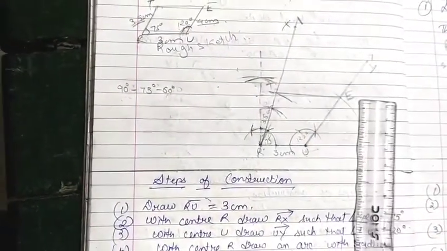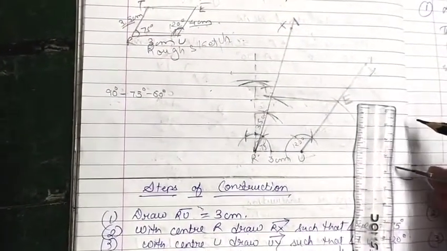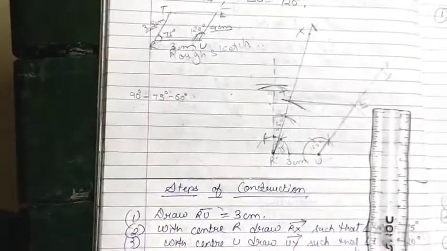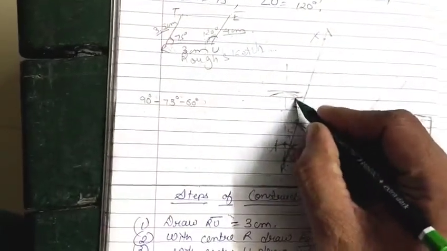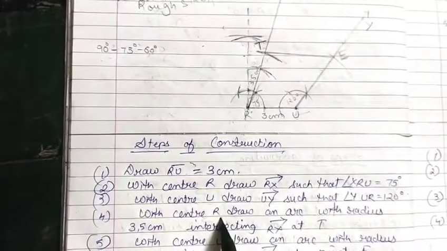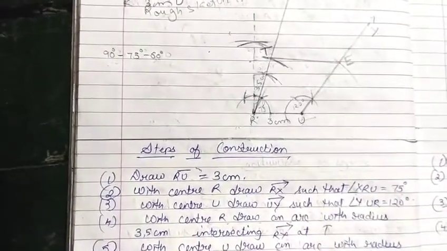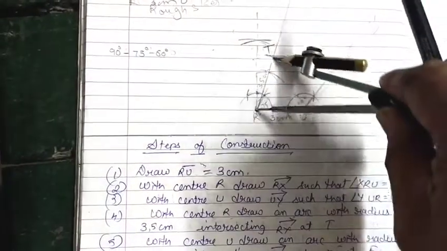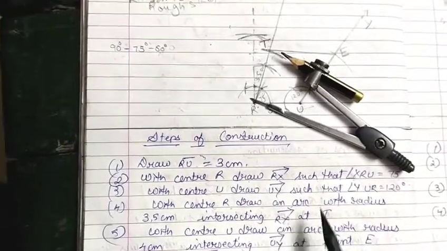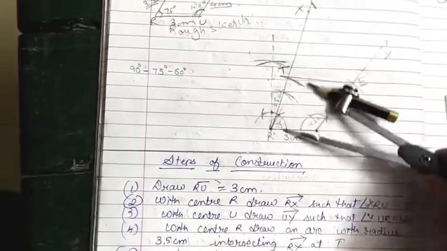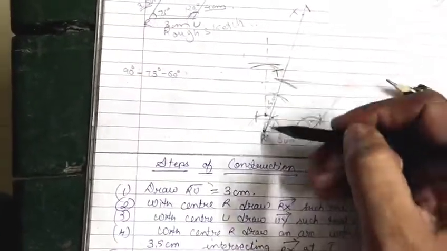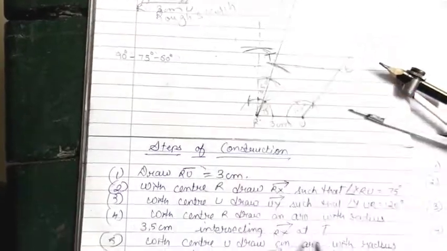So get 3.5 centimeter with the compass and draw an arc and name it T. Write down: with center R, draw an arc with radius 3.5 intersecting ray RX at T. This arc intersects ray RX at point T.